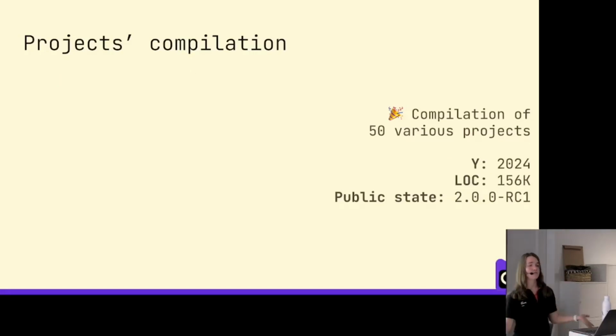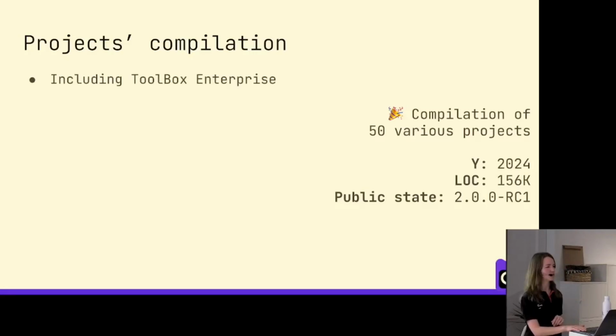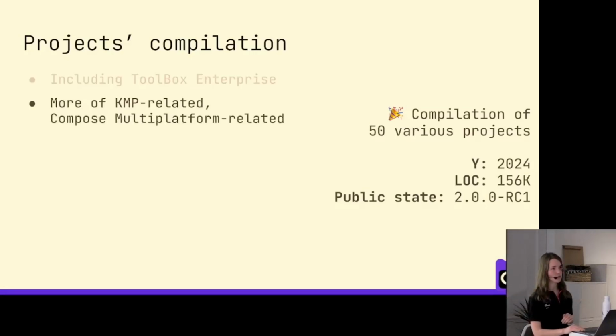And finally, now, RC1 this week. We have compiled 50 projects, various projects, and 156K lines of code. Among those, Toolbox Enterprise, one more huge yet cool project, and more KMP-related and Compose Multiplatform-related projects.